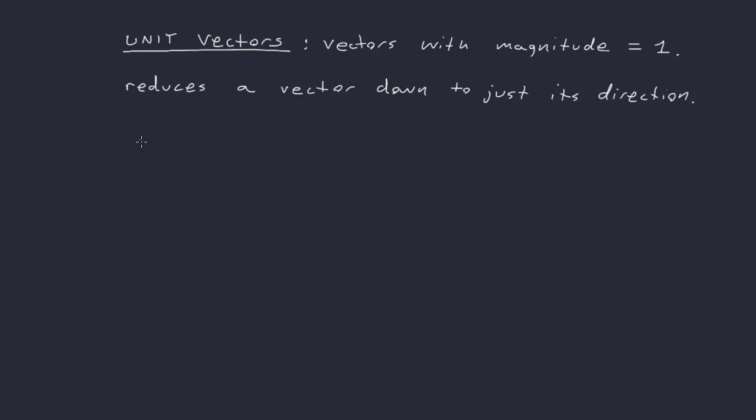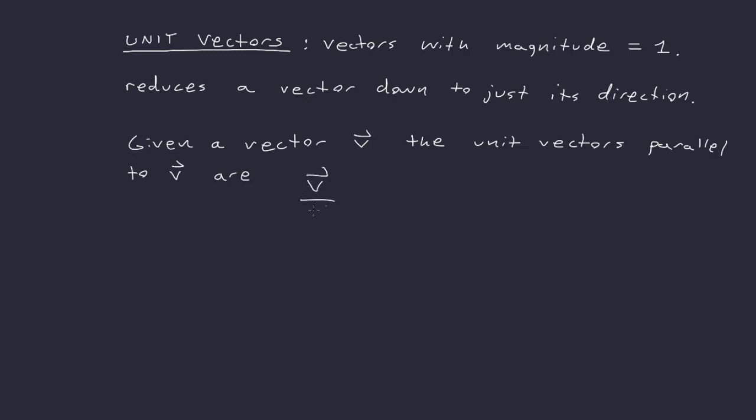Okay, so given a vector v, let me say it this way, the unit vectors parallel to v are, well, I'll take v and divide by its magnitude.